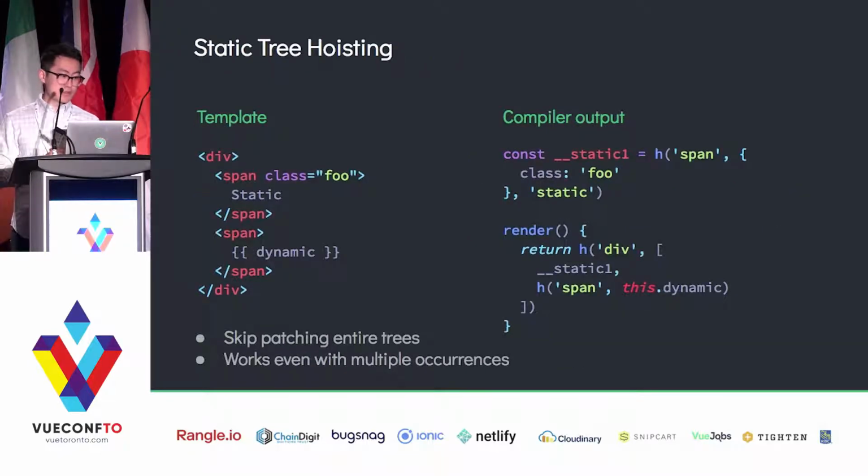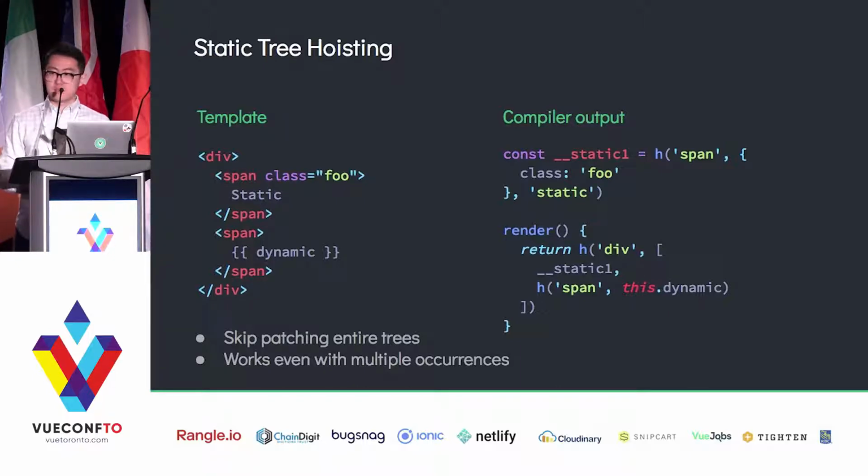Static tree hoisting. So this is something Vue 2 is already doing. And to think about it, the overhead of virtual DOM comes from having to always re-render the world. So this part, this span on the left, actually never changes. But in a naive virtual DOM implementation, you're always recreating virtual nodes for this part and then trying to diff them. And our compiler can easily detect parts that are completely static and then hoist them out of the render function entirely.